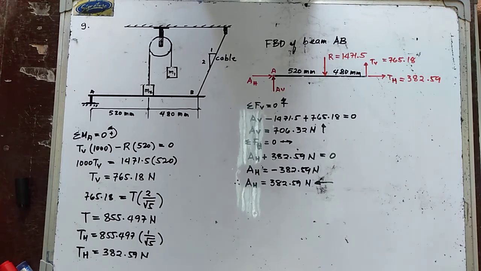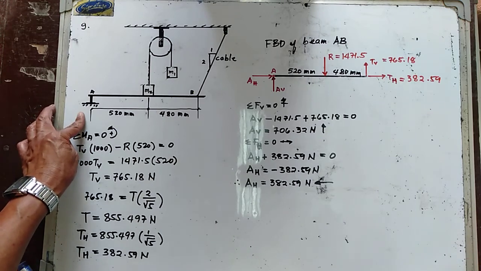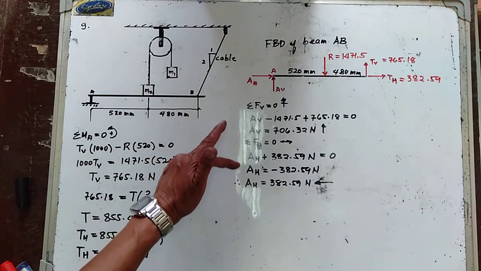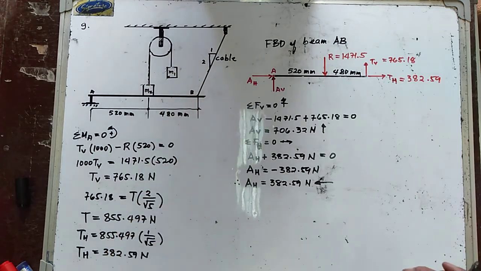Therefore, the total reaction at point A is equal to the square root of A horizontal square plus A vertical square.